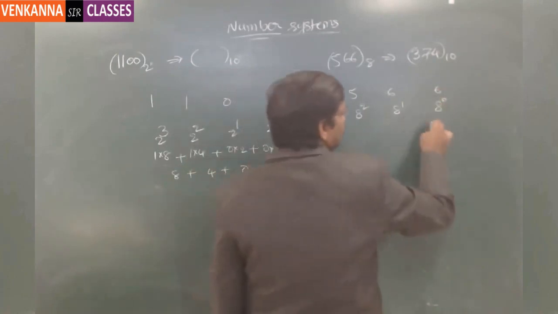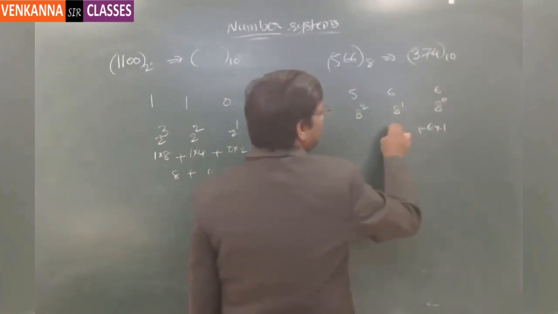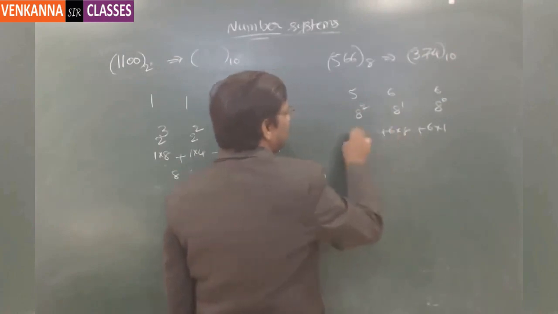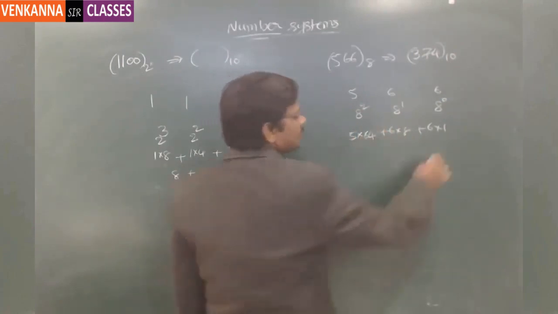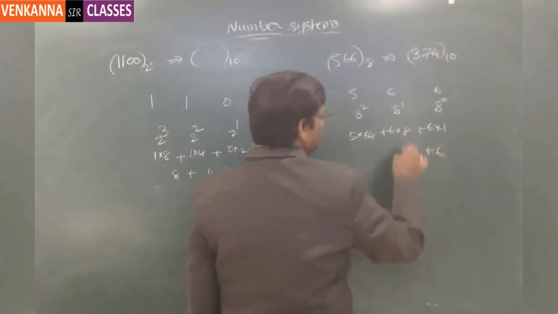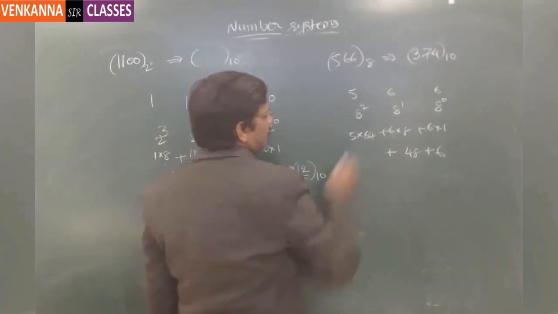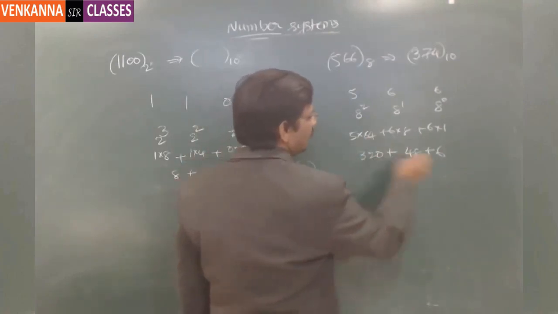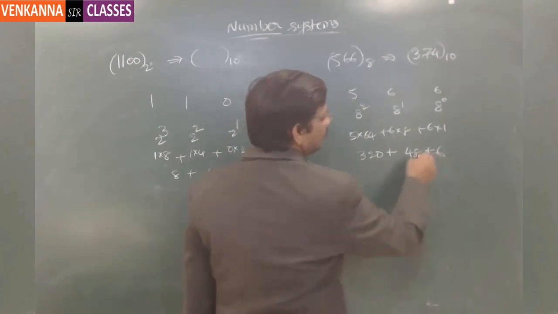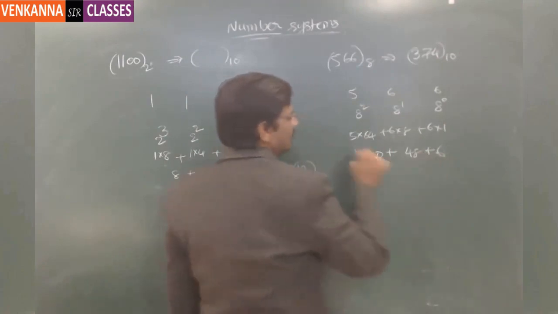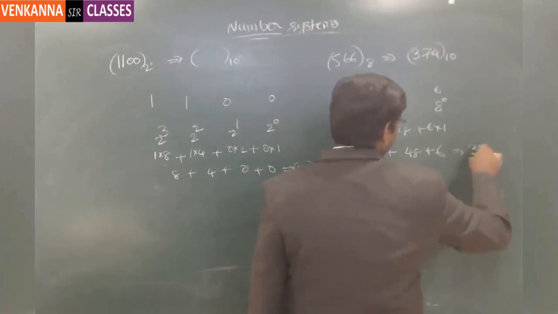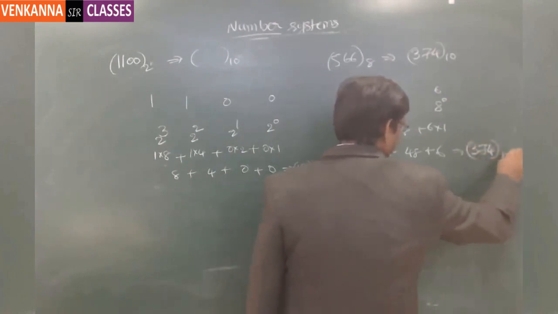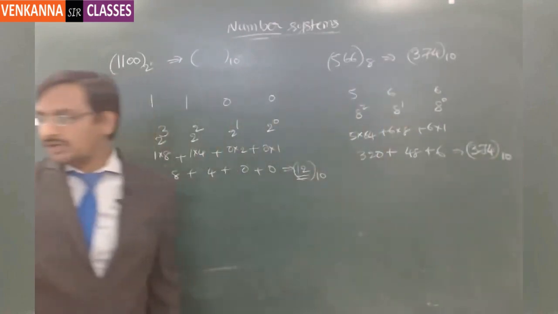Multiply: 6 into 1 plus 6 into 8 plus 5 into 64. So this is 6 plus 48 plus 320. So 320 plus 54 is going to be 374 base 10. Got it? How we have converted this?